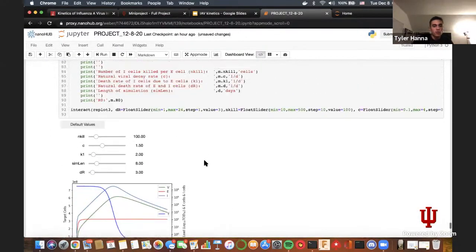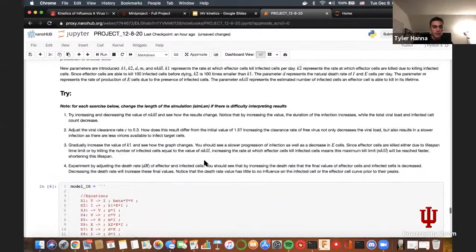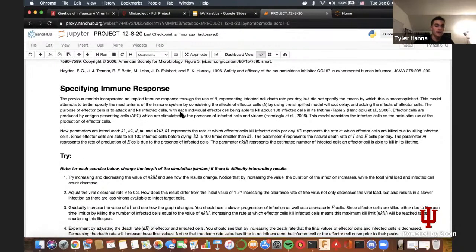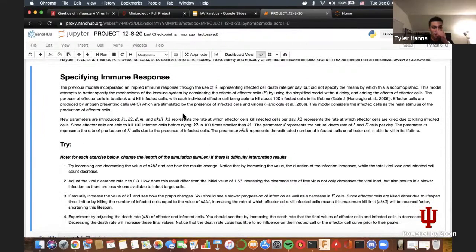So here we incorporate the use of effector cells, and effector cells are produced by the stimulation of antigen presenting cells in the immune system, and antigen presenting cells will produce effector cells based on the presence of free virus or infected cells that they can detect in the system. And here we introduce 5 new parameters.